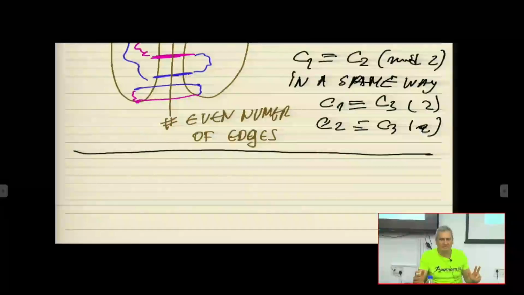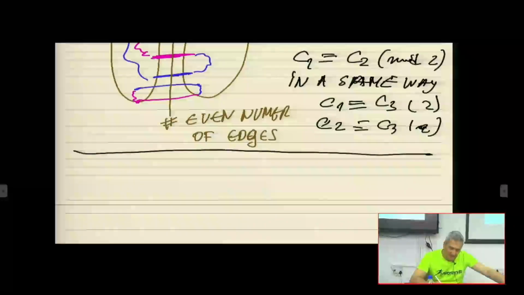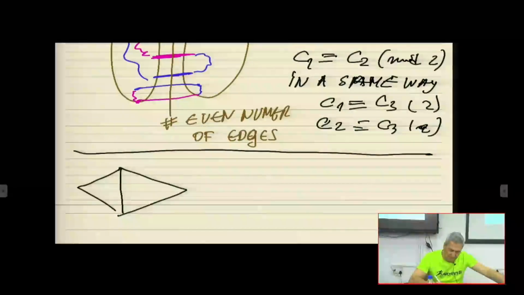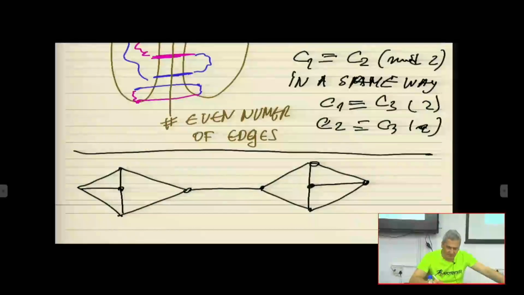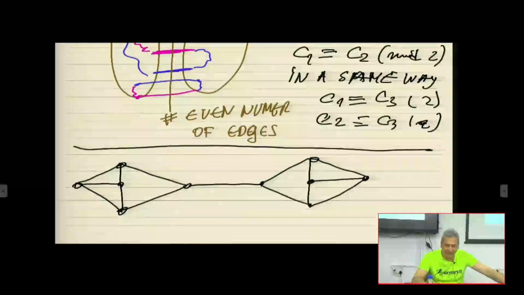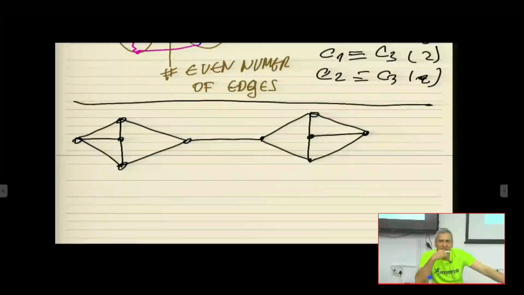Look at this now. Listen to me. Let's look at this graph. Is this graph cubic? Is it cubic, yes? Can we color it with three colors? Is this graph class 1 or class 2? Try to color it with three colors.